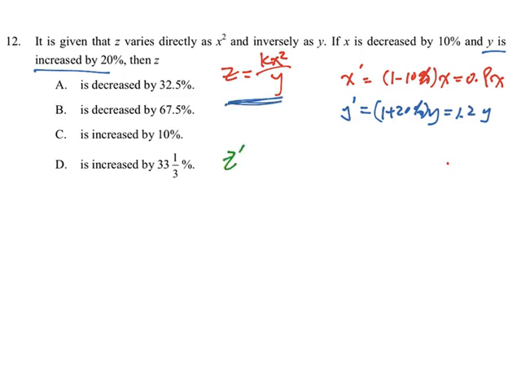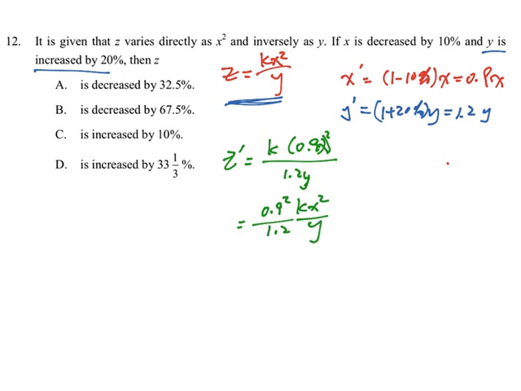So the new z is equal to k, x changes, so it becomes 0.9 squared x squared. And then for y, 1.2y.